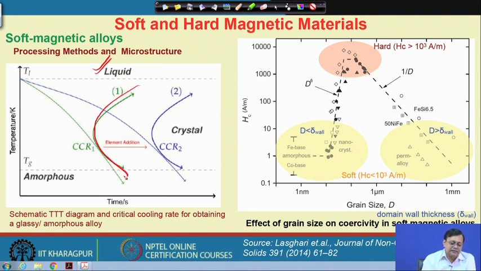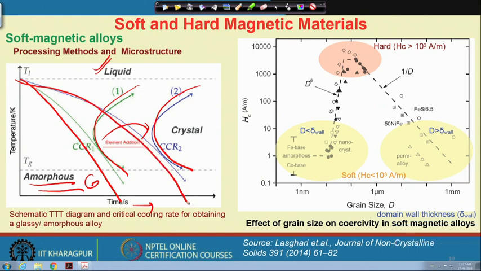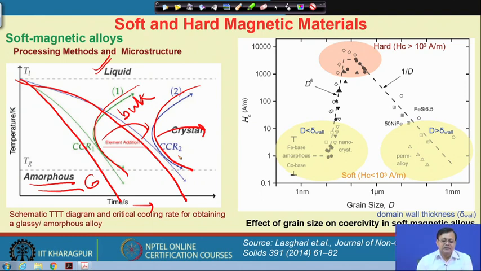In that case I need a larger cooling rate to achieve this amorphous or glassy phase. But if I add some other alloying element and somehow move this CCT curve to the right hand side in the time scale, then at a lower cooling rate a more bulk sample can be produced, and that is the advantage. The larger the time gap we get for processing an amorphous material, the more beneficial it is.